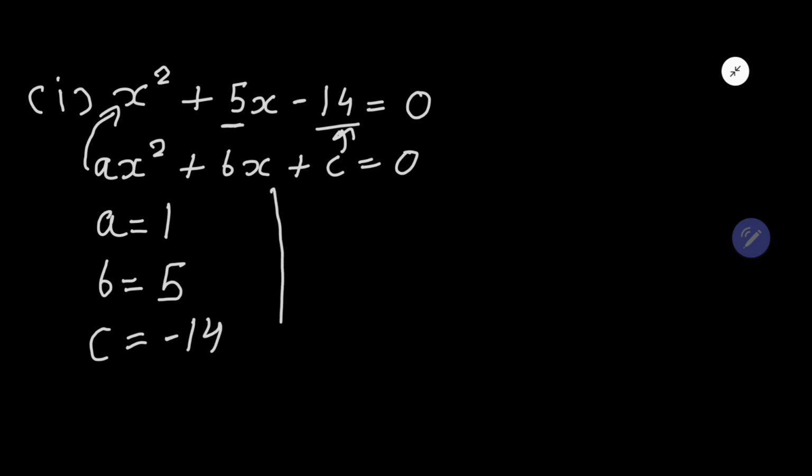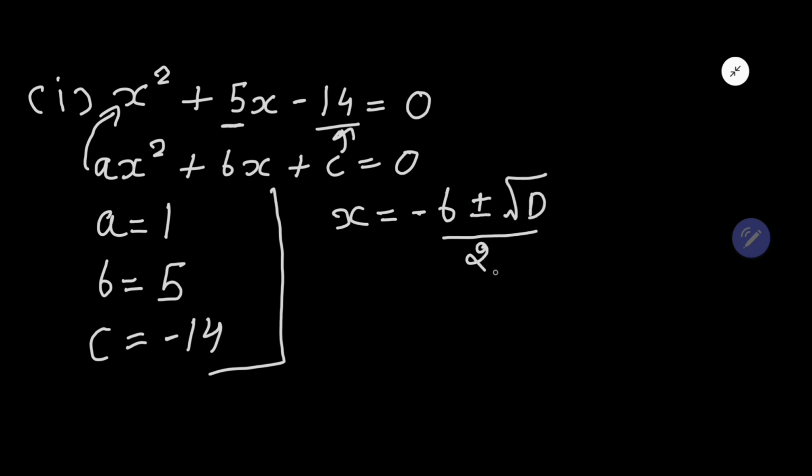So the general formula to find the roots is x is equal to minus b plus minus under root D upon 2a. First we will find D, the discriminant, and the formula to find the discriminant is b square minus 4ac.